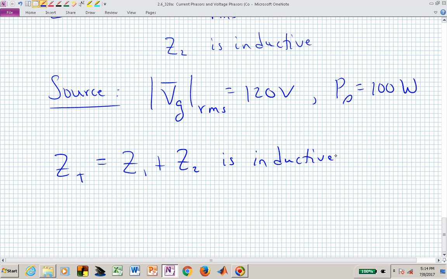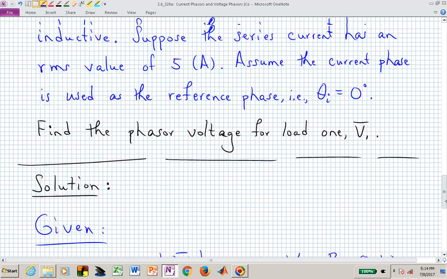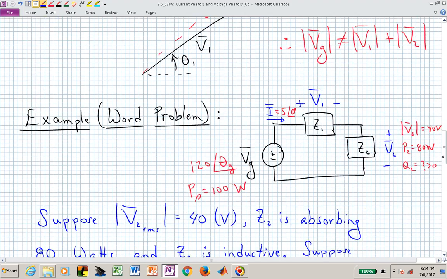So far, we don't know what Z1 or Z2 are. We were given the magnitude of our current, and that current is going through every one of those elements. The source, the generator, and each of the loads, Z1 and Z2, are experiencing the same current since it's a series circuit, and maybe that's going to help us.